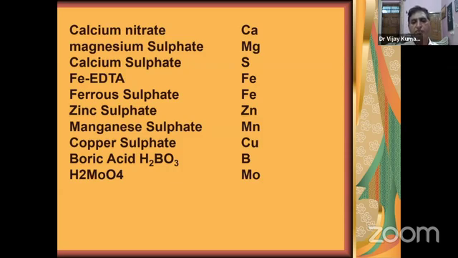Ferrous sulfate can be used for iron also. For zinc, zinc sulfate. For manganese, manganese sulfate. Copper, copper sulfate. For boron, boric acid. And for molybdenum, ammonium molybdate is mainly used. So there are many different salts we have to take into consideration while supplying the nutrient.